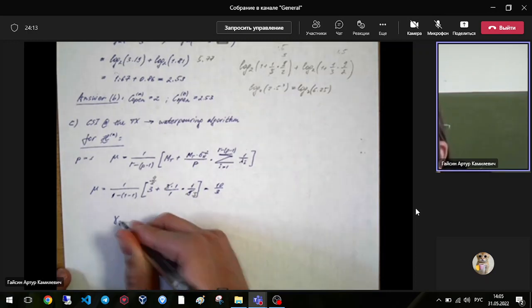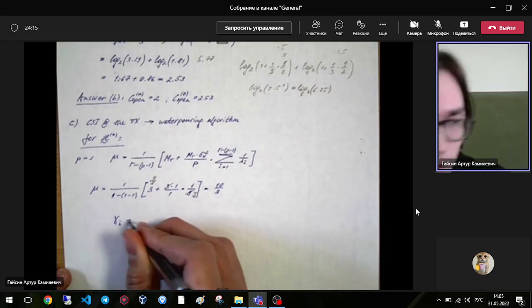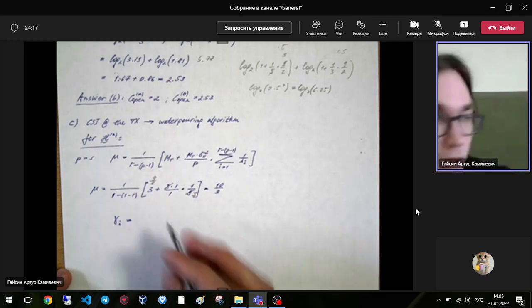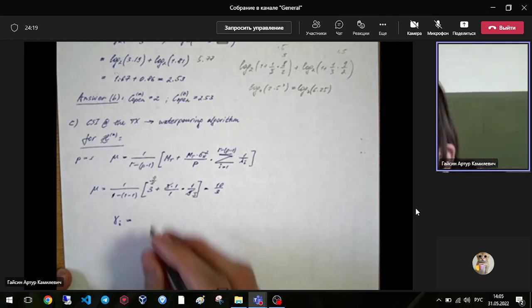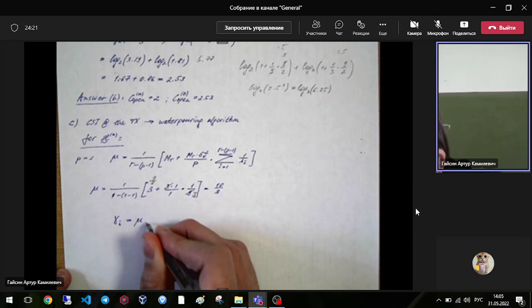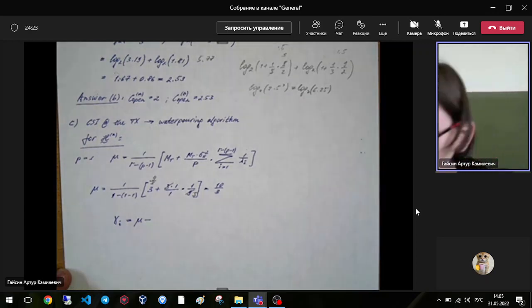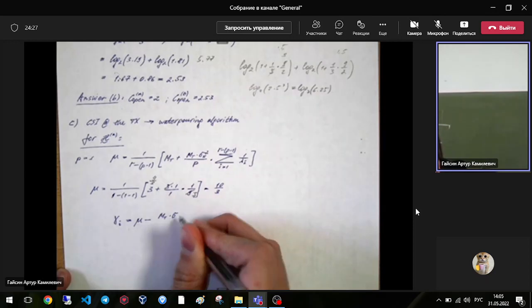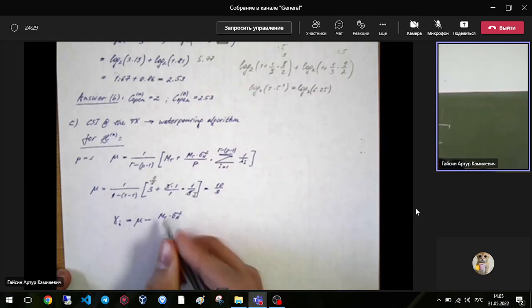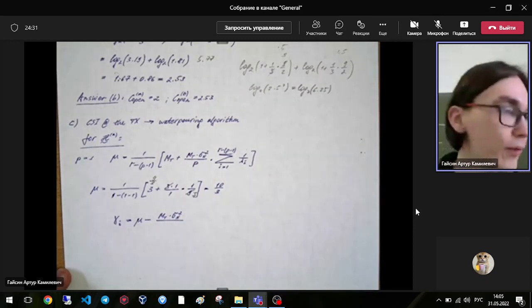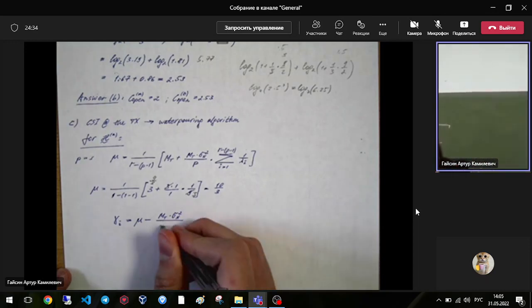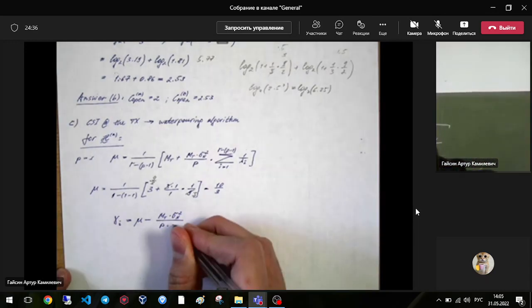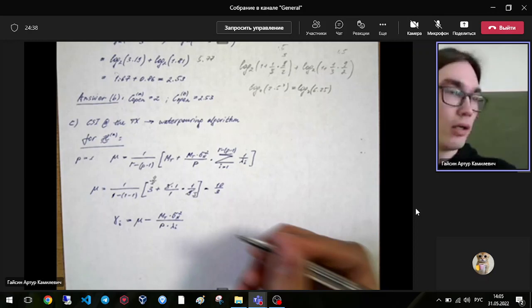So omega I, this power allocation vector, is the water level minus the number of transmit antennas multiplied by the noise variance, and this is divided by the transmit power multiplied with this eigenvalue.